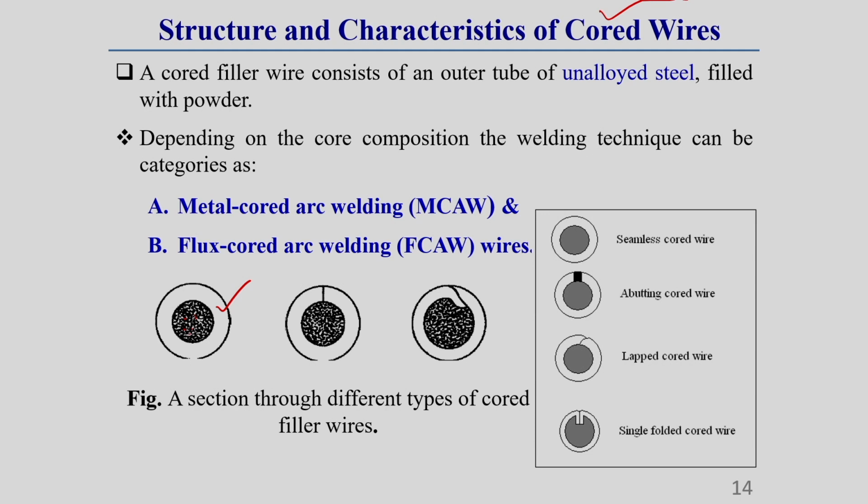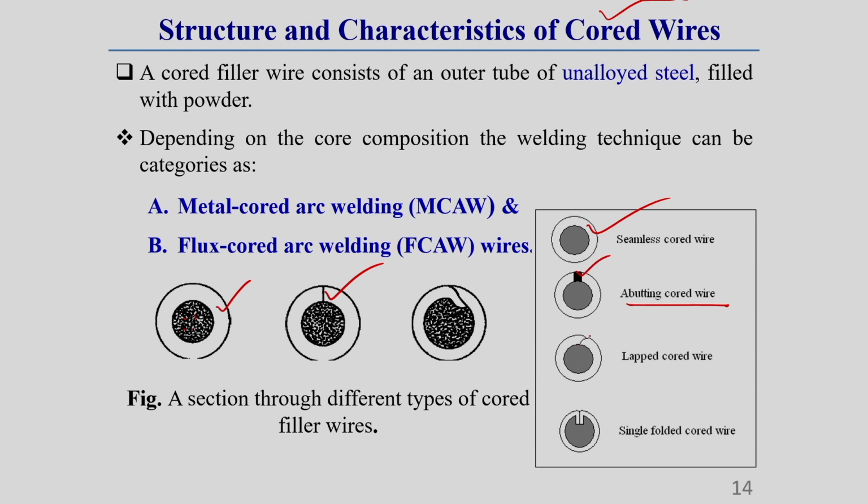Now, depending upon the joining type, it can be a seamless type of core wire, where there is no joining, and there can be a strip which is rounded to make a butted type of core wire, where we make the connection.